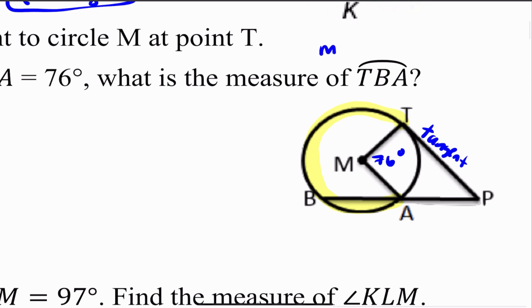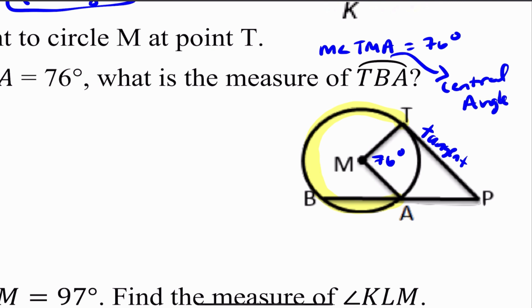So the measure angle TMA is 76 degrees. But that's also the central angle, because it's an angle where the vertex is dead set at the center. So you're really dealing with a central angle right here. If the central angle is 76 degrees, then its intercepted arc is also 76 degrees.